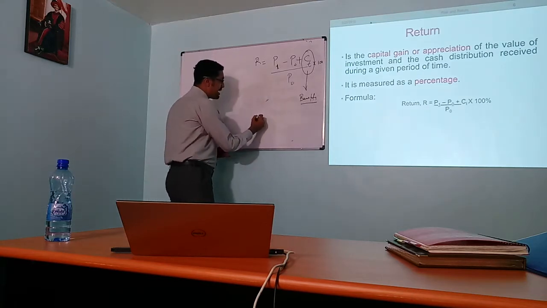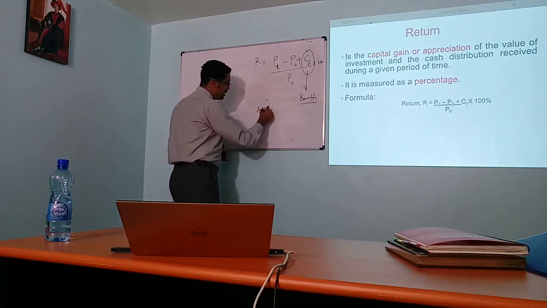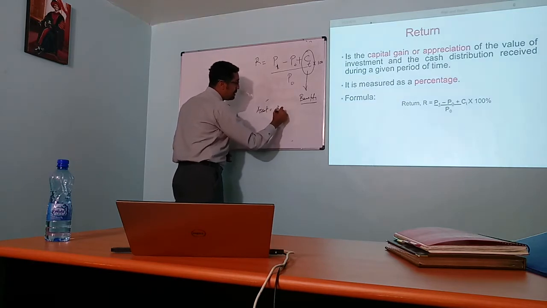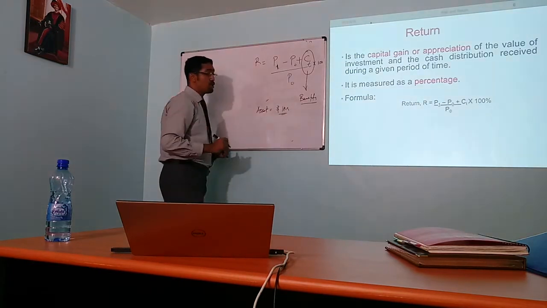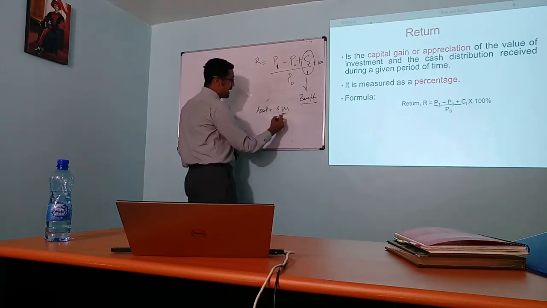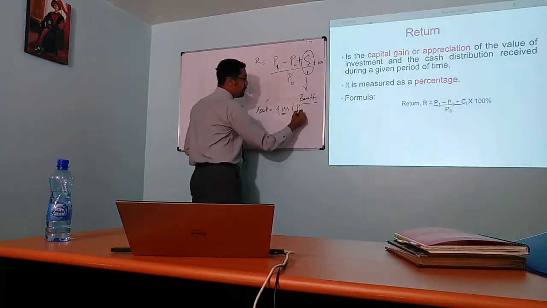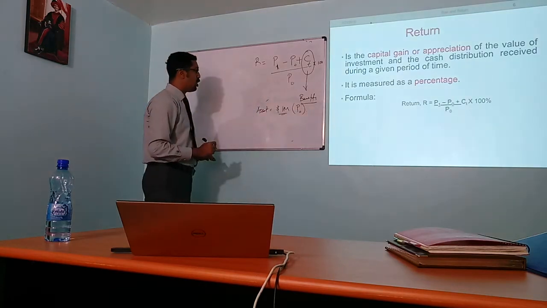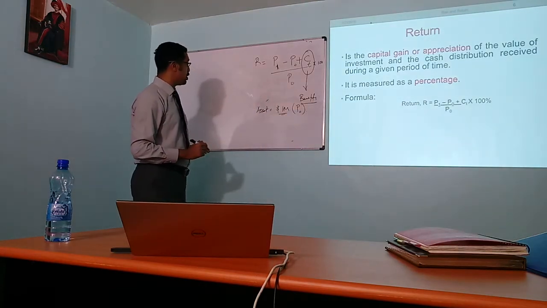If you have an asset which is worth $1 million today, you purchase this asset. So this basically will be our price at the beginning. P0 is given as $1 million.